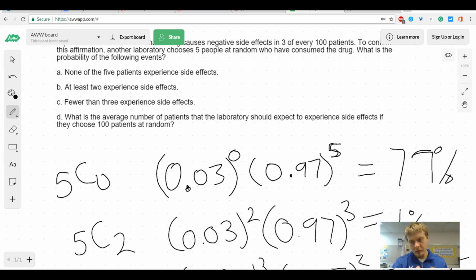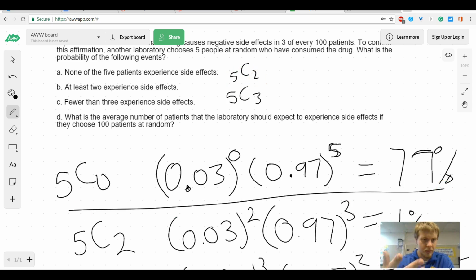Fewer than 3 people should work kind of the same way when you think about it. What you would do is you'd say, we have 5 choose 3, and then we'd have to go to 2, and then we'd have to go to 5 choose 2, 5 choose 1, 5 choose 0. We already did that, so we could go through that.